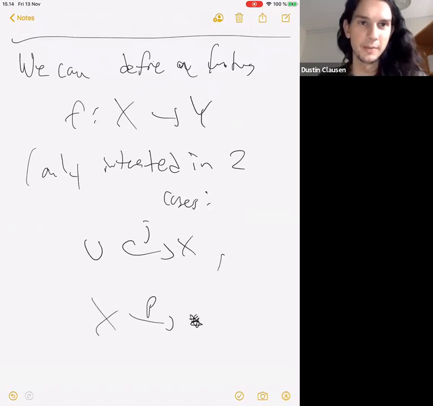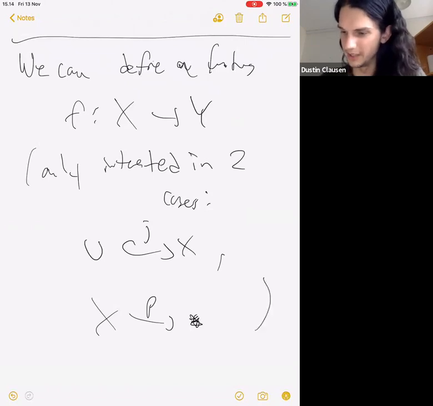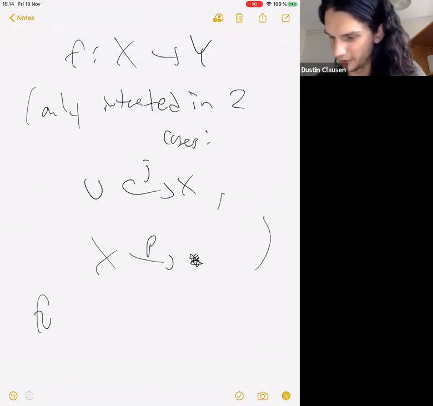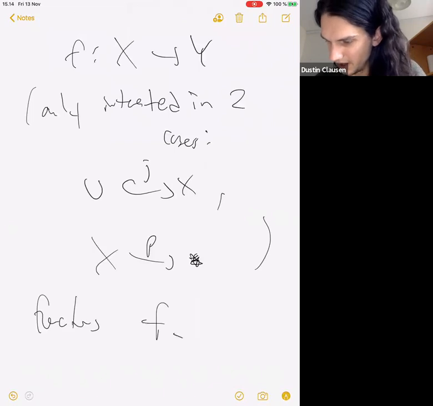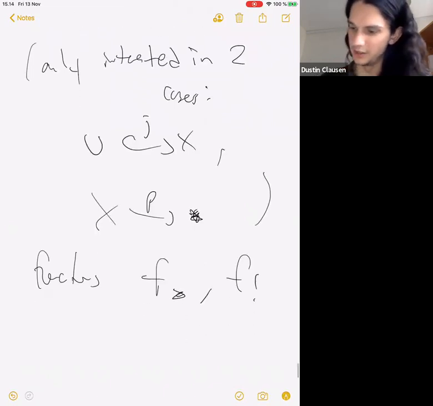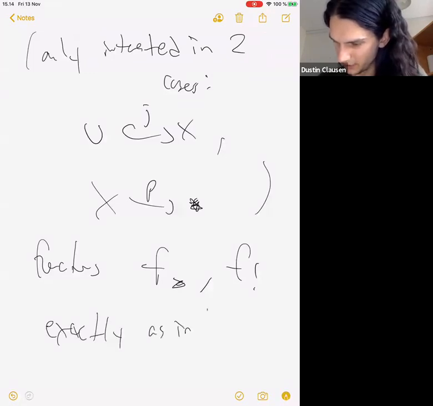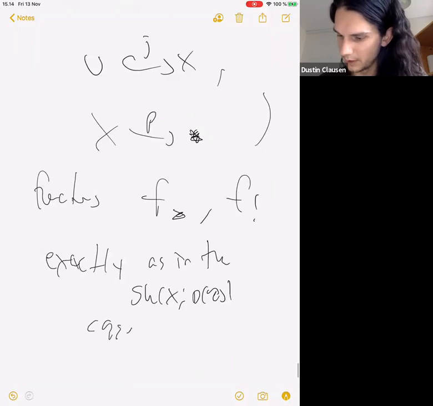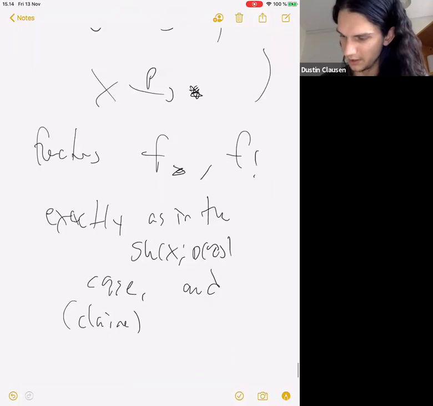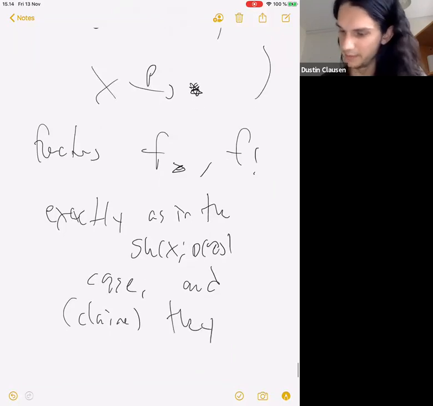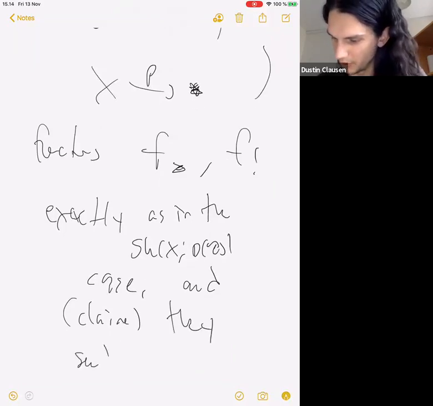Those are the only things relevant for our argument, so you can keep those two cases in mind. The functors, the lower star and lower shriek versions, are exactly as in the topological case. And then the claim is they preserve quasi-coherence. They send O modules to O modules.